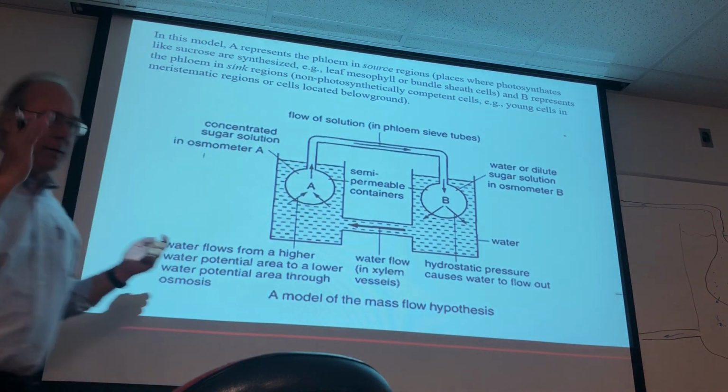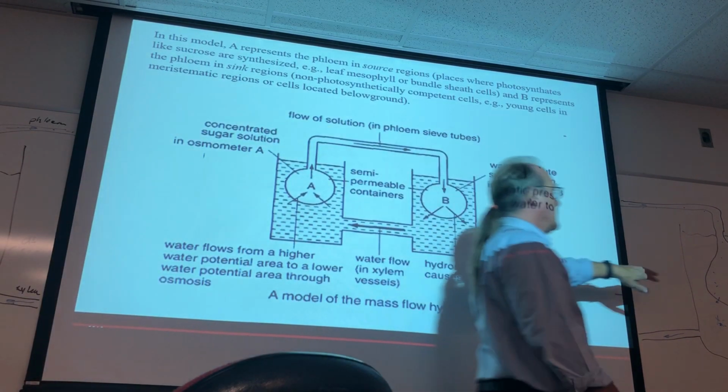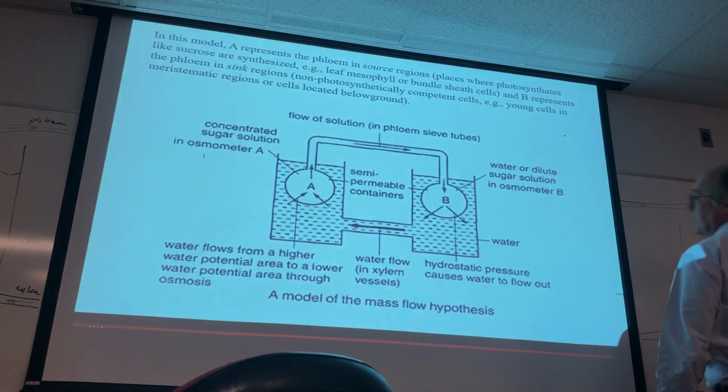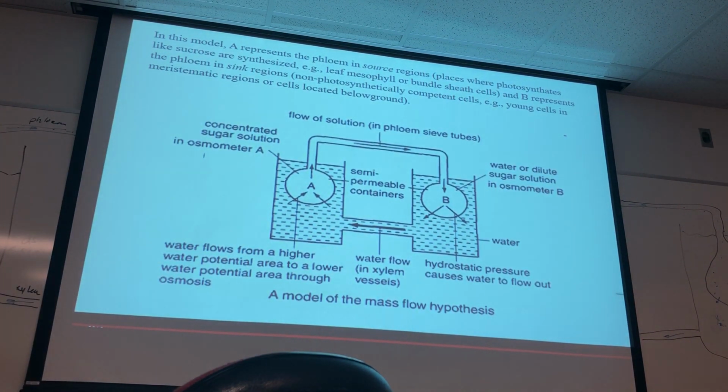The developing grain, any meristems that aren't photosynthetically competent yet, a stem or a leaf meristem, storage tissues like a carrot or a potato, roots, anything in the root system that is not photosynthesizing. Those are all examples of sink tissues. The source is typically leaves and mesophyll cells in the leaves where photosynthesis is happening.